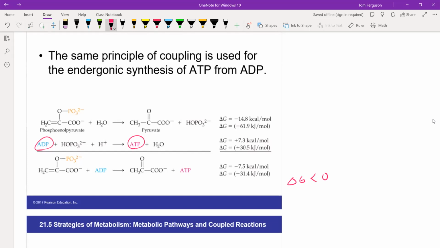So we have to make sure that we have the right reactions coupled with it to provide enough energy to overcome the energy required to go from ADP to ATP.